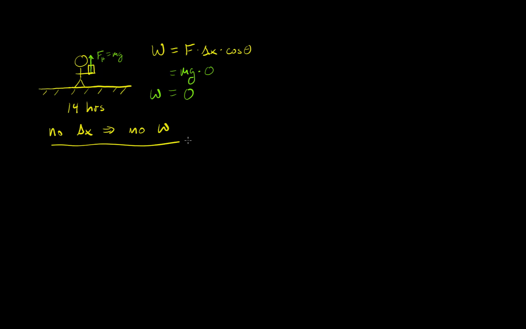All right, let's think of another one. What if he walks with the box? This one's tricky. It's always presented a certain way, but in fact, I'll talk about it. So let's suppose he's standing there again, holding the box, but now he walks some distance.